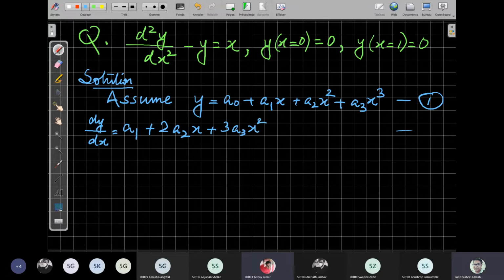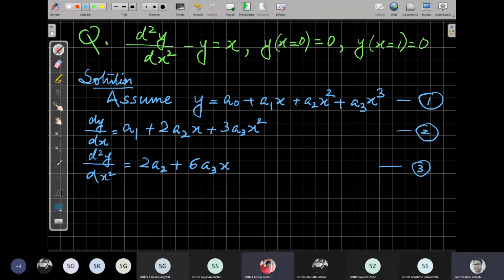So I will say that this is my equation 2. Okay, after this, what do I have? d2y by dx square, and what do I get? 2A2 plus 6A3x. Am I not saying anything wrong? Yes. Okay, so this is equation 3, correct? No problem there.